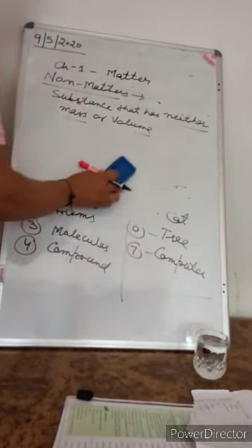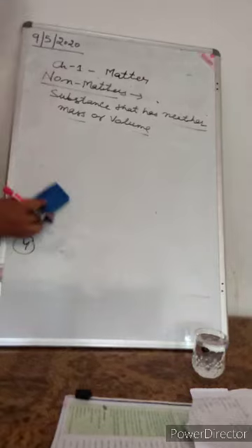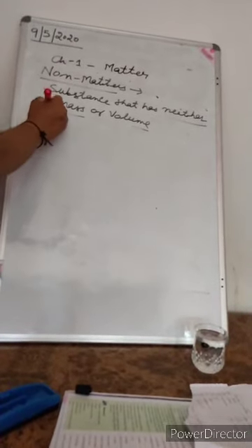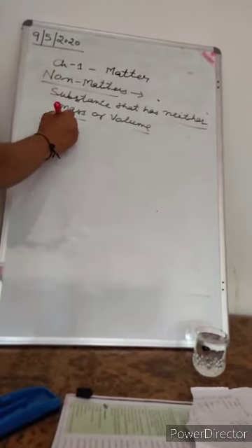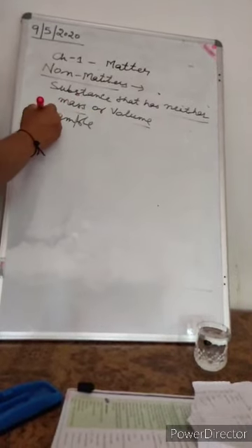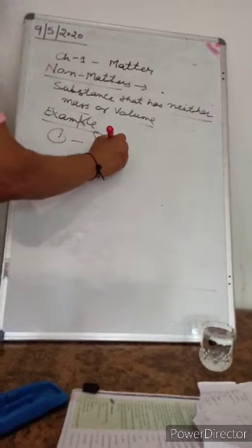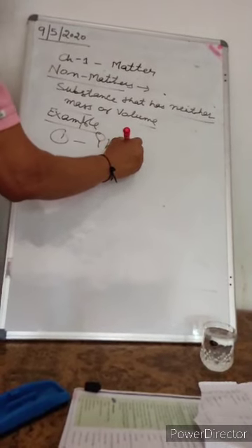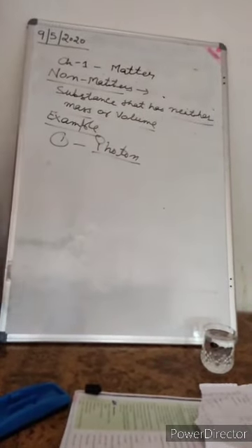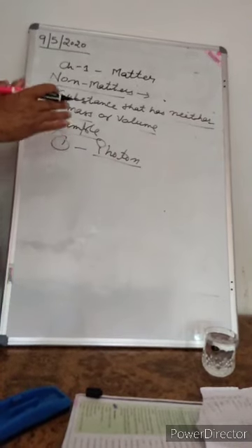Now, some examples of the non-matters: photon. These are the energy packets which are there in the light.